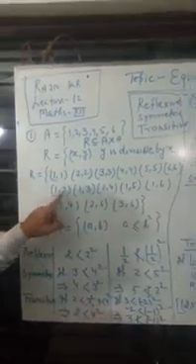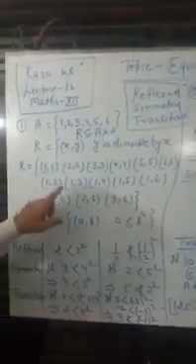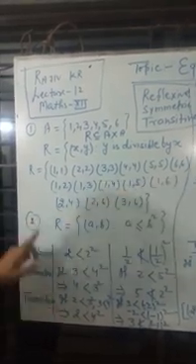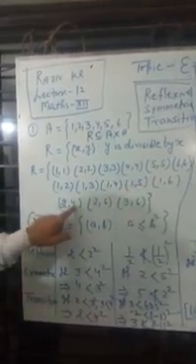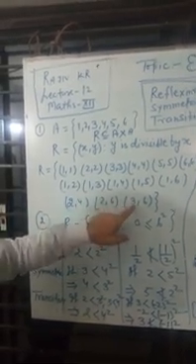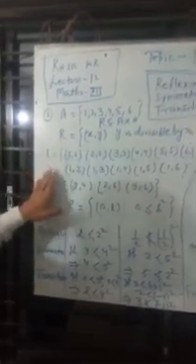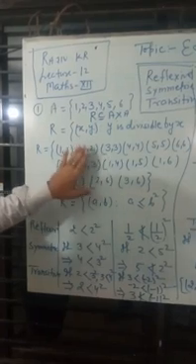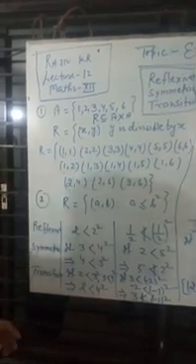Second, 1 divides all the elements: 1, 2, 1, 3, 1, 4, 1, 5, 1, 6. 2 divides 4, 2 divides 6, 3 divides 6. So you prepare a set of ordered pairs that follows the rule of the relation.